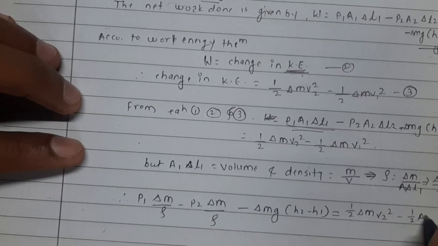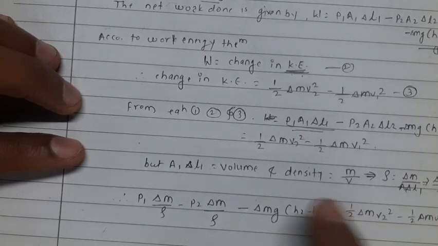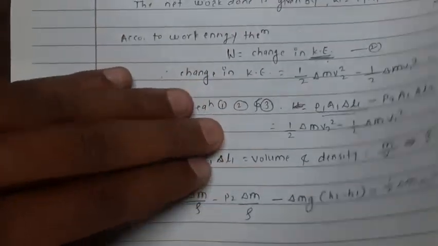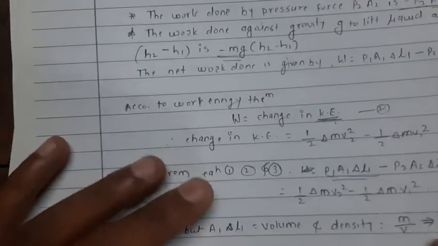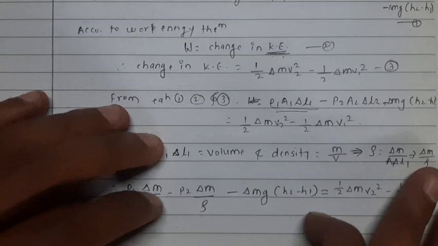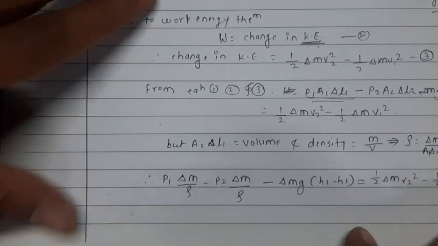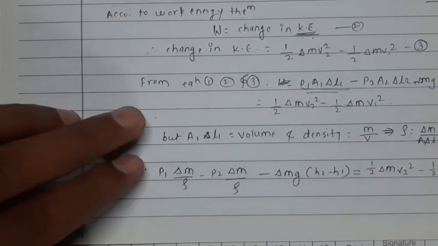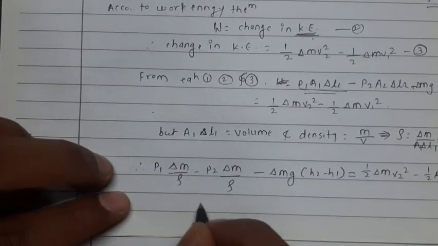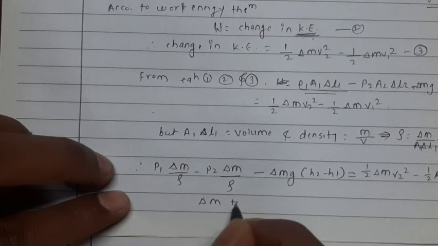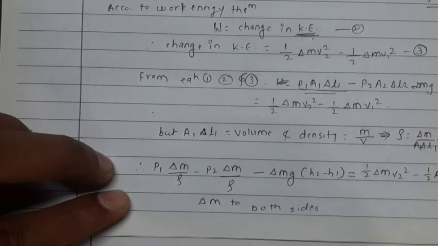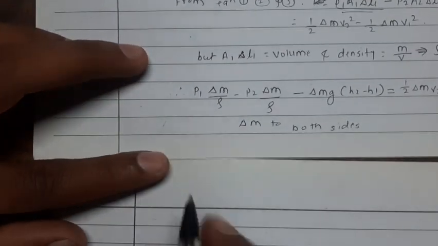Now see, delta m is in this term as well. Every term contains delta m. So we will divide this equation by delta m on both sides. If I divide by delta m on both sides, what will I get?